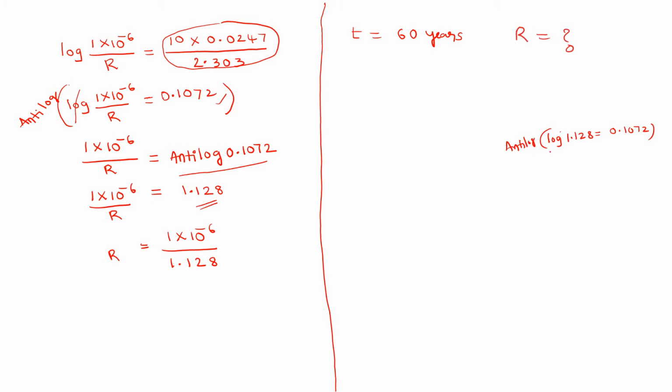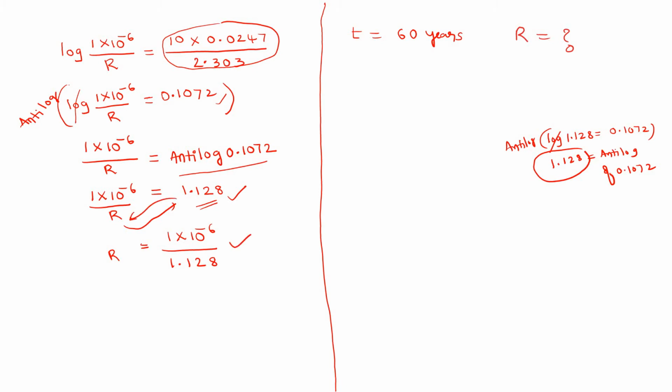After taking anti-log, log gets cancelled. So 1.128 is equal to anti-log of 0.1072. Same thing I have taken here. So again send this R here and this one here, and you will get the R value.